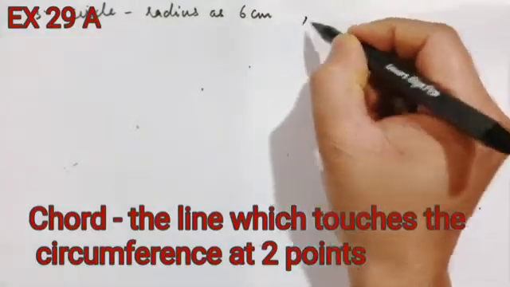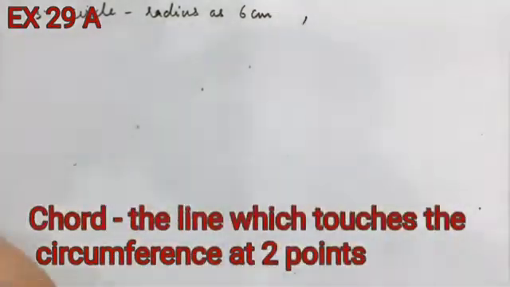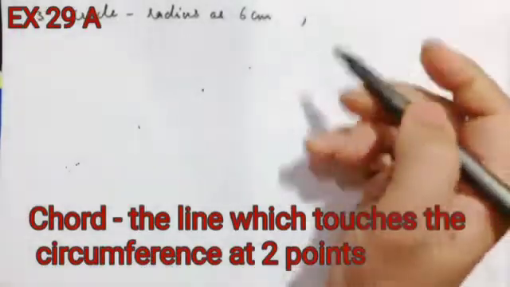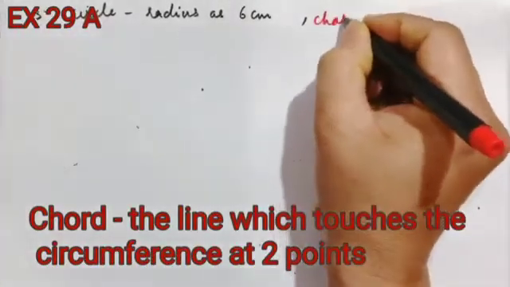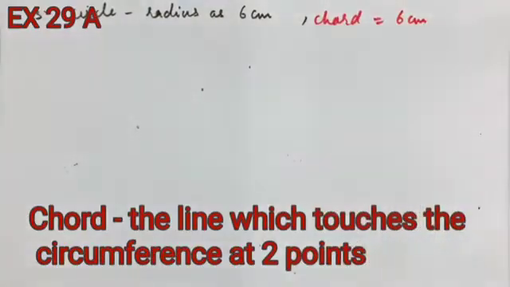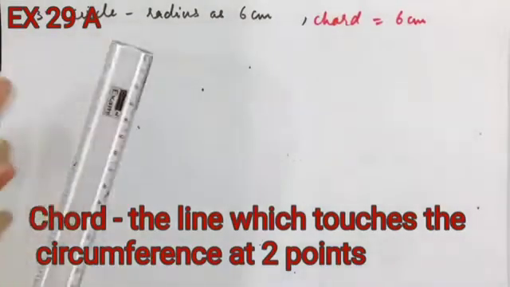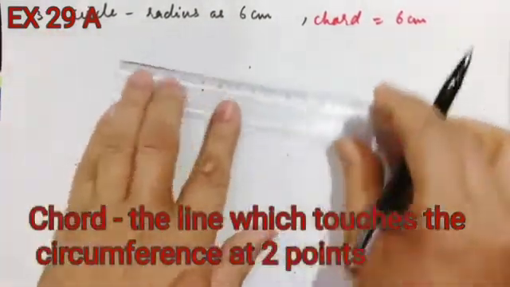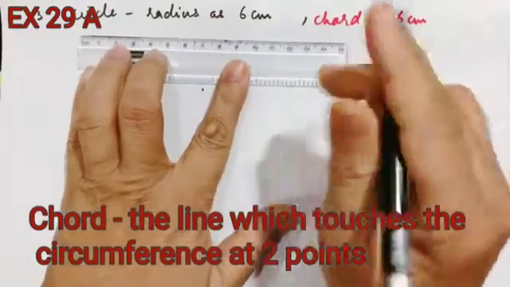Achha, we have to draw a chord, isn't it? We have to draw a chord of length 6 centimeter. Okay, so let us do this part first. Now, when they have already given you that the radius should be 6 centimeter, we will take a length of 6 centimeter on the sheet.